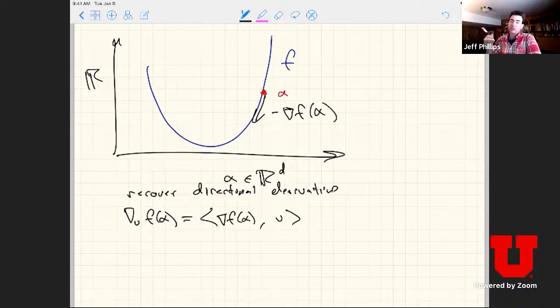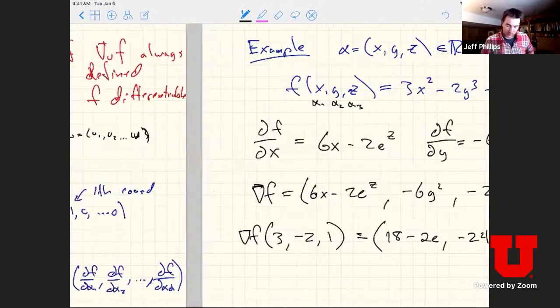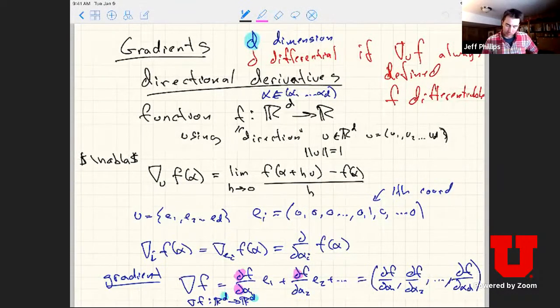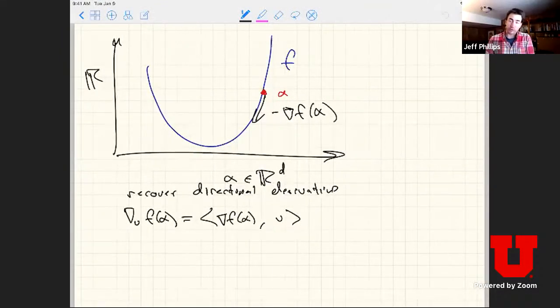Okay, I can get the directional derivative by taking the dot product. u is a unit vector, and so I just want its components along the gradient, which we remember from this definition was just, I took all these individual coordinates, e1, e2, and so forth, and I calculated the derivative of each of those. That's what the gradient is. So I can decompose this direction u along those coordinates, and that's just the dot product. That tells me the directional derivative in that direction.